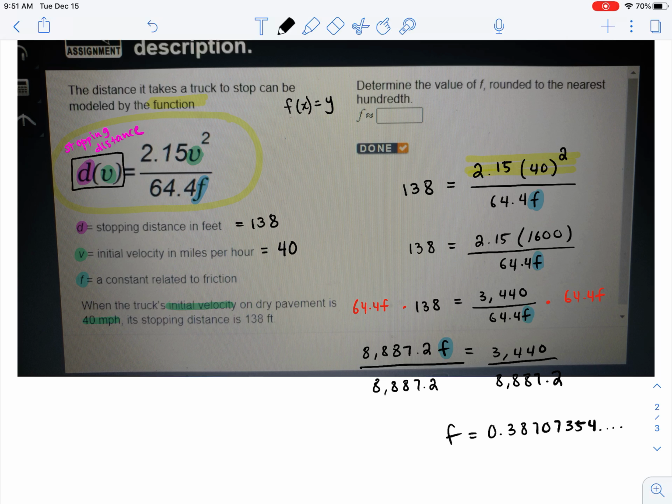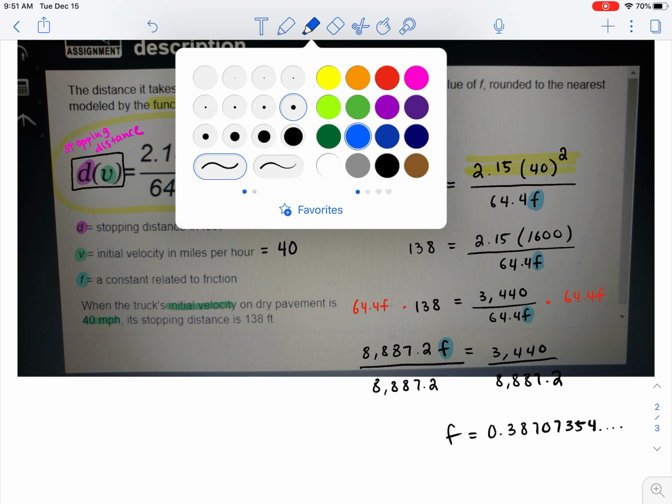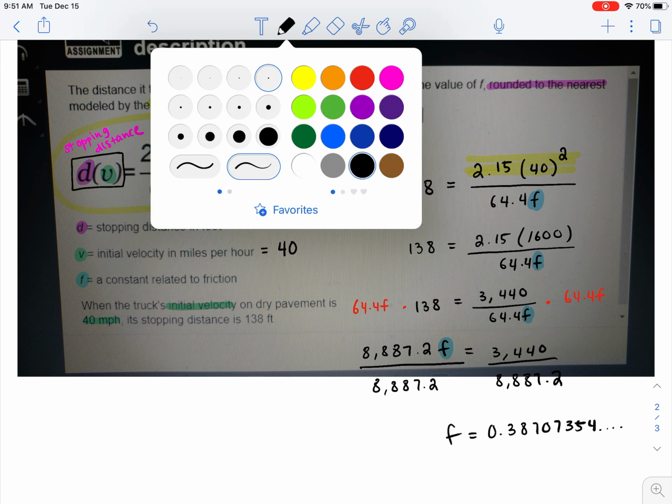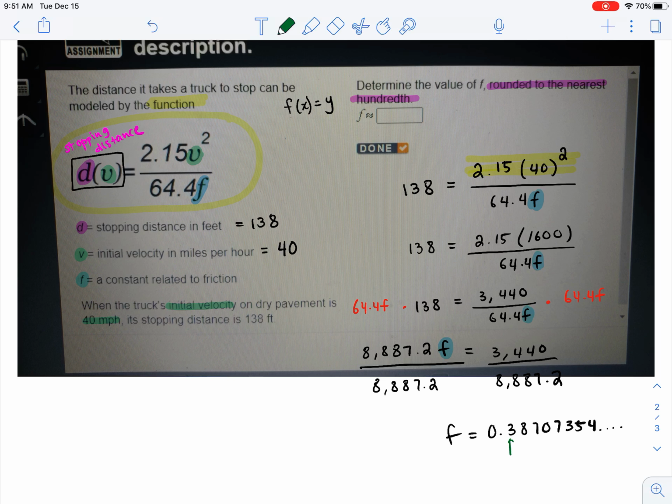Well, you'll notice that the question, if we go back, asks us to round to the nearest hundredth. So the first number is the 10th. The second one is the 100th.